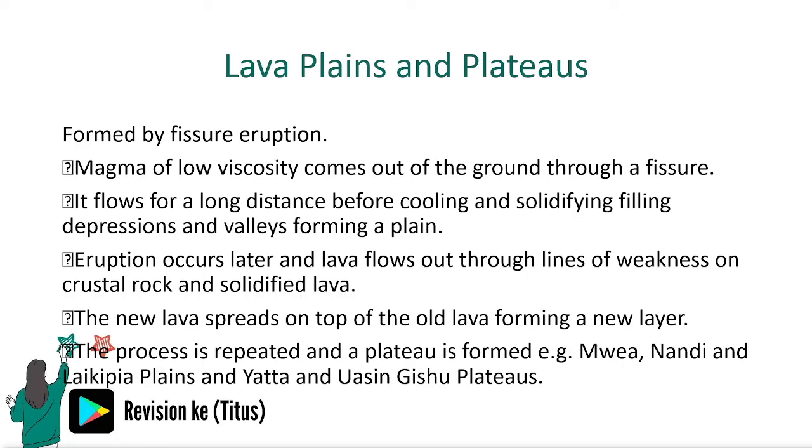When an eruption occurs later, lava flows out through the lines of weakness on crustal rock and solidifies. The new lava spreads on top of the old lava, forming a new layer. This is repeated and a plateau is formed. We can look at that image again.